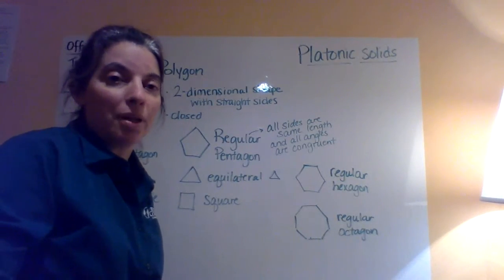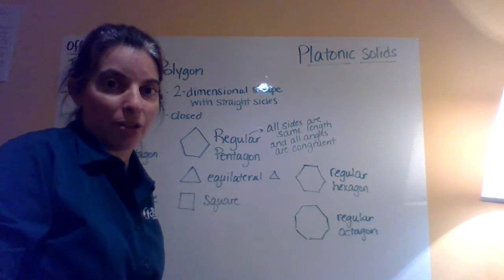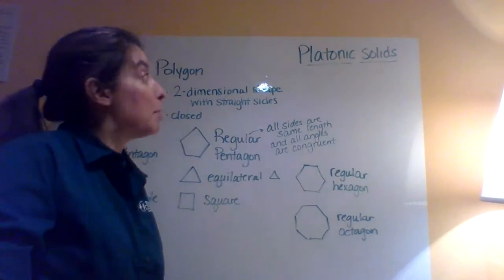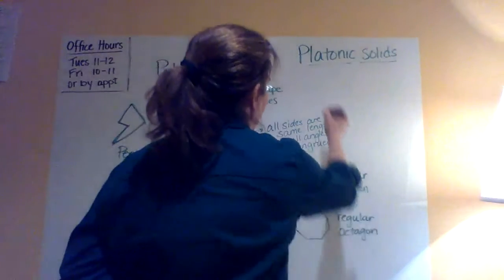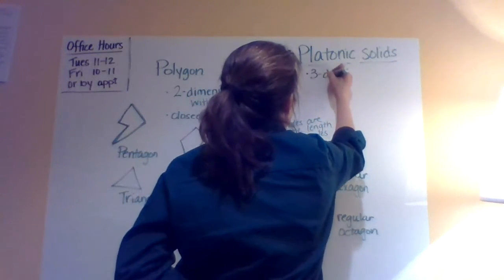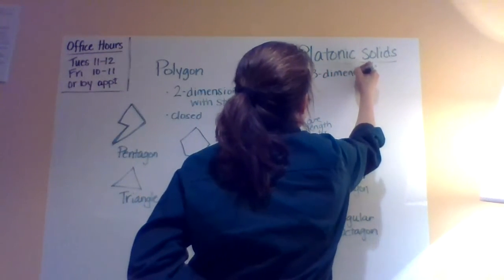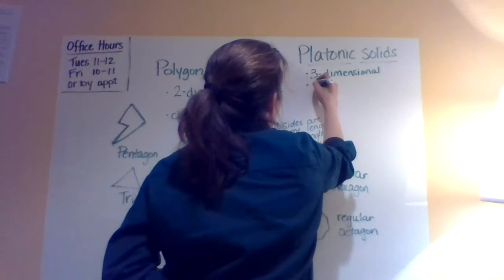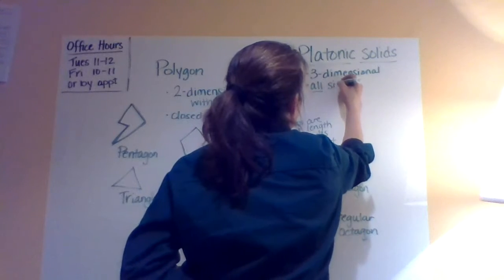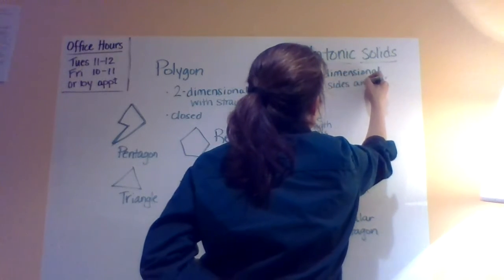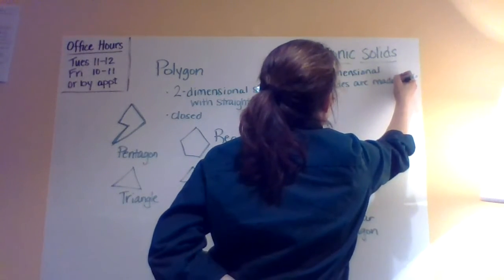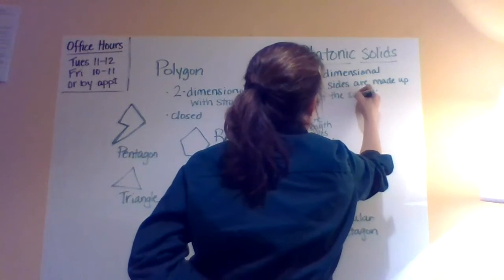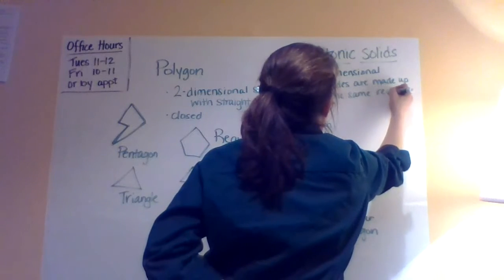So I actually put a link up on Blackboard to a little article about the Platonic solids, okay? But basically the Platonic solids, these are now 3-dimensional. Okay, and all sides are made up of the same regular polygon.